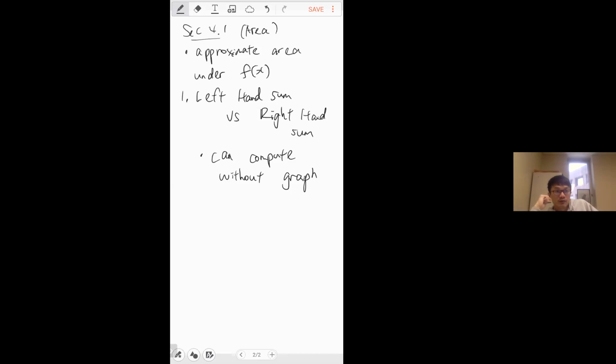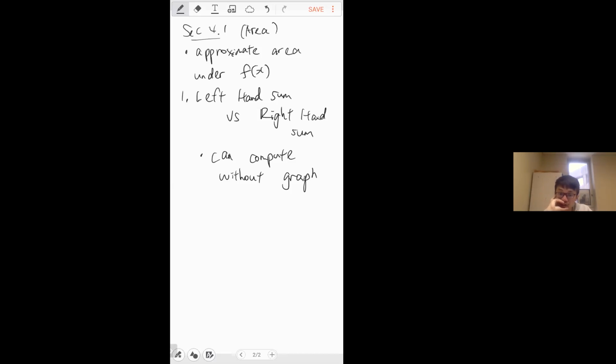So you compute the width of each rectangle by taking the length of the interval, and then you divide that by the number of rectangles. I'll write it down in a minute. So the width is the length of the interval divided by the number of rectangles. And then what about the height?